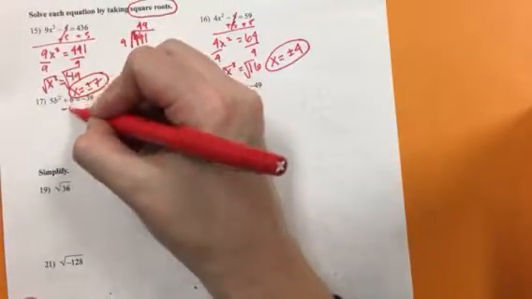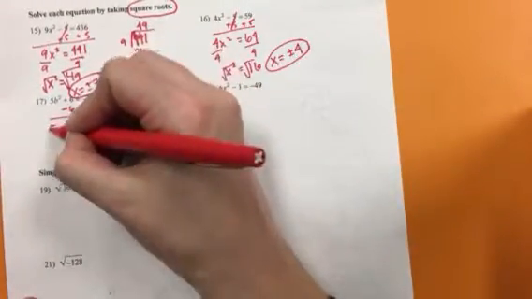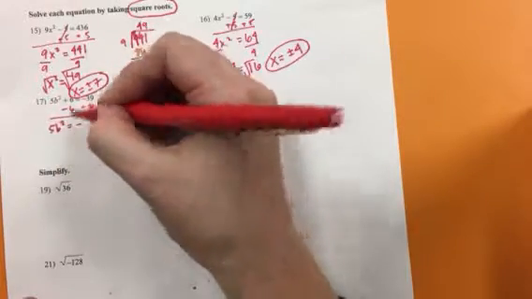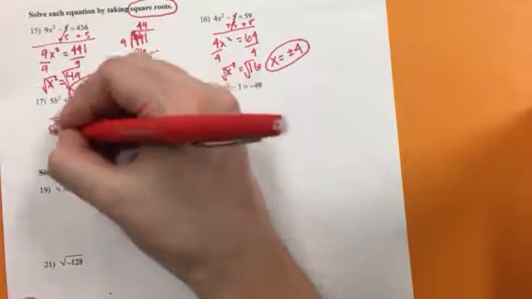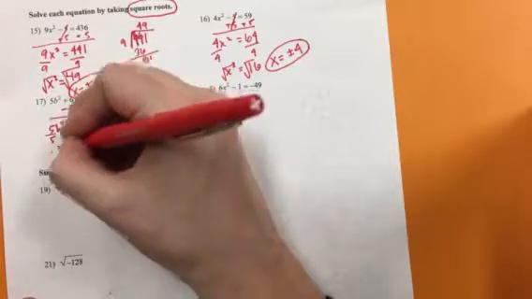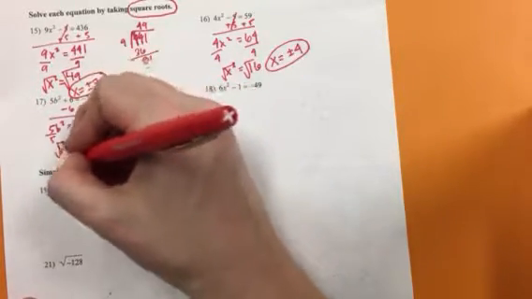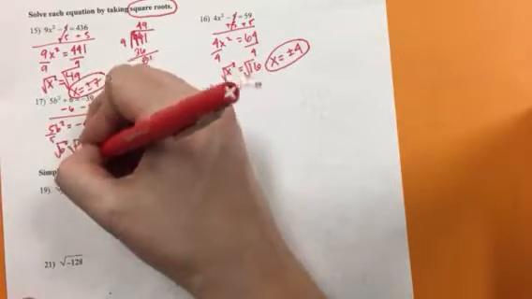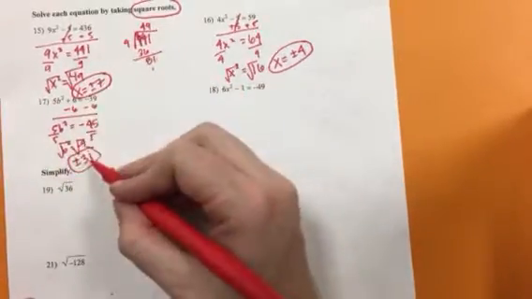We're going to subtract 6. 5b squared equals negative 45, divided by 5. b squared equals negative 9, square root. Square root of 9 is plus or minus 3, and because it was negative, we add the i.